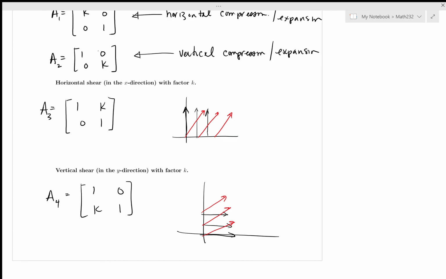And of the operations that we have looked at, we see that rotation and reflection are orthogonal transformations. They have orthogonal matrices associated with them, and that scaling, vertical compression, horizontal compression or expansion, and vertical and horizontal shear are linear transformations, but they are not length preserving, and their determinant will then necessarily not be equal to 1 or minus 1.